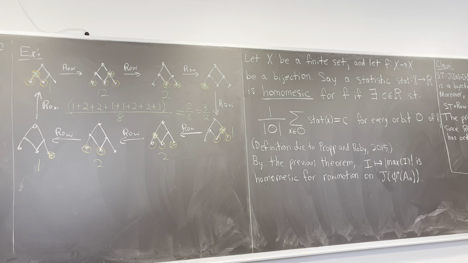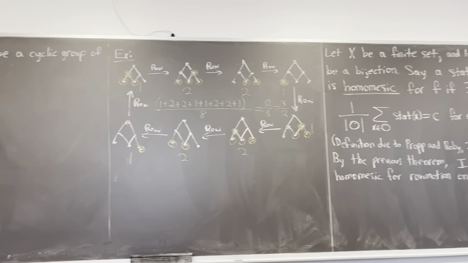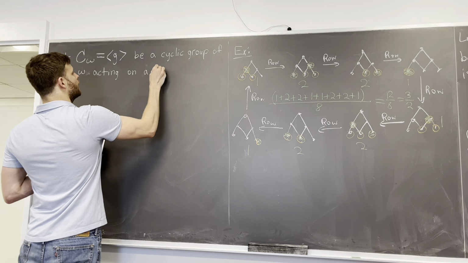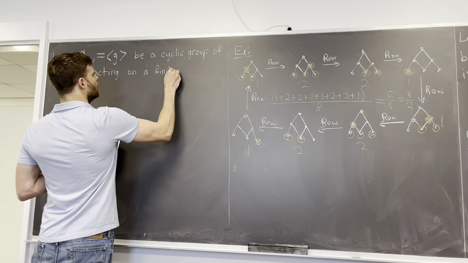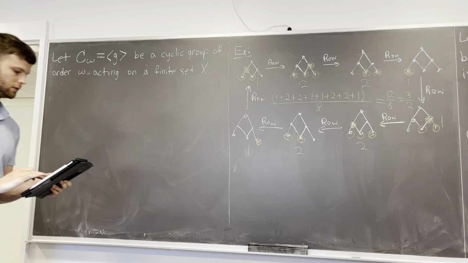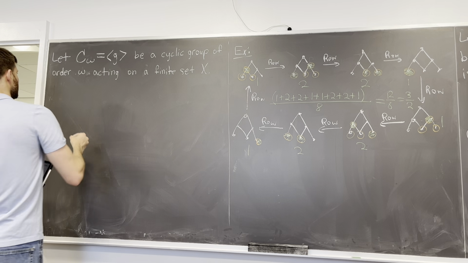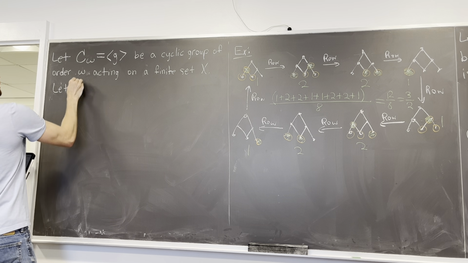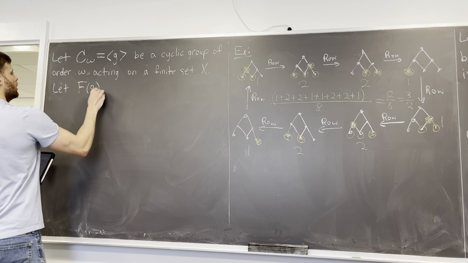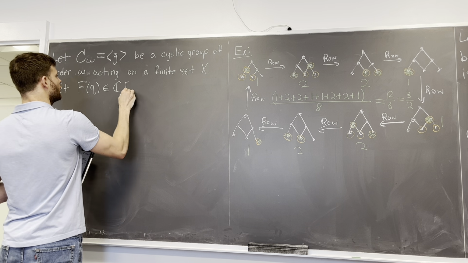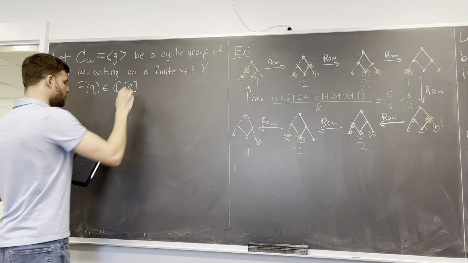And let's say it acts on some finite set X. And I'm going to imagine I have some polynomial f of q. This is just some polynomial with, say, complex coefficients in the variable q.